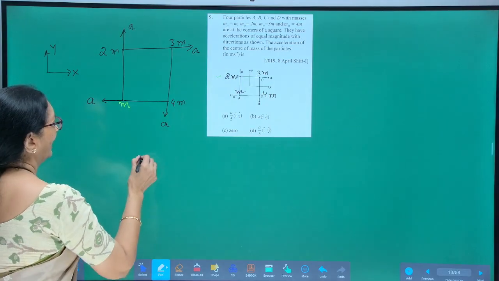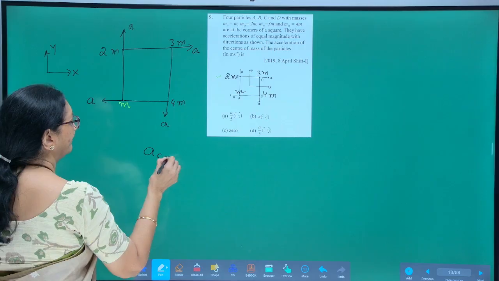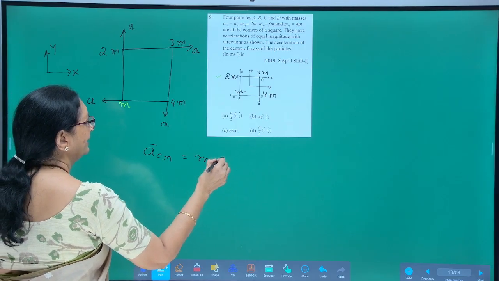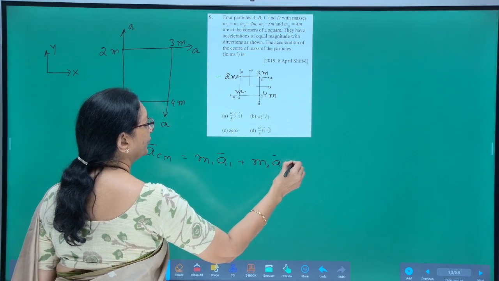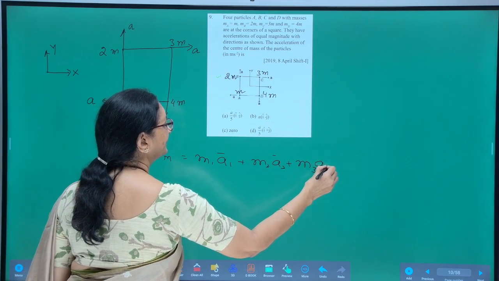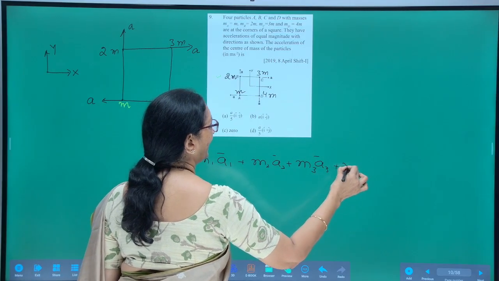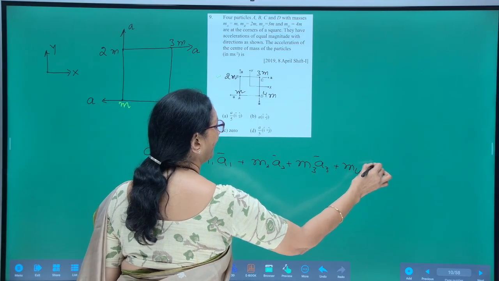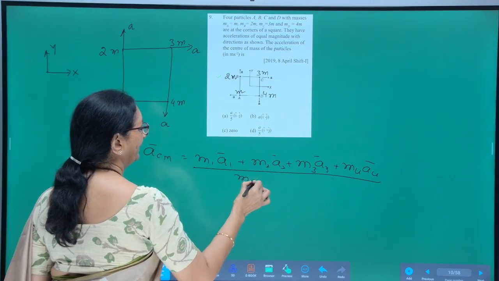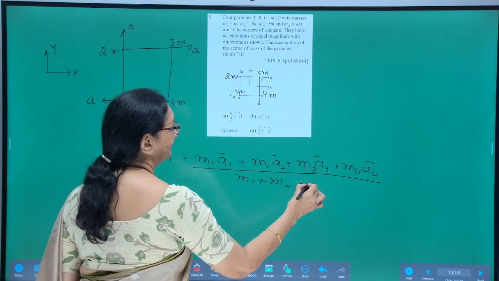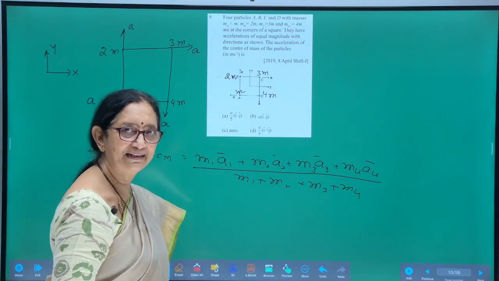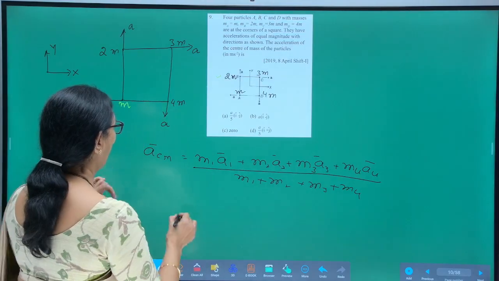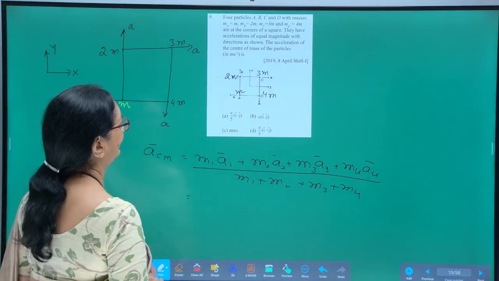We know acceleration of center of mass is m1 a1 bar plus m2 a2 bar plus m3 a3 bar plus m4 a4 bar divided by m1 plus m2 plus m3 plus m4, isn't it? Now we have to write it very carefully.